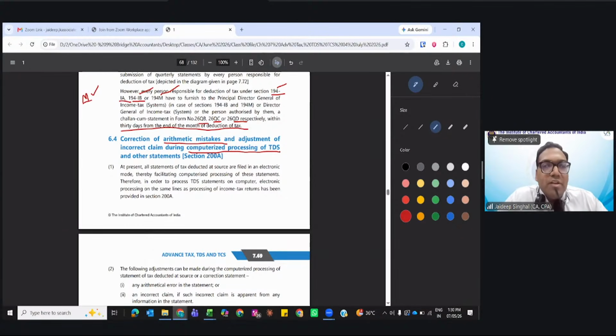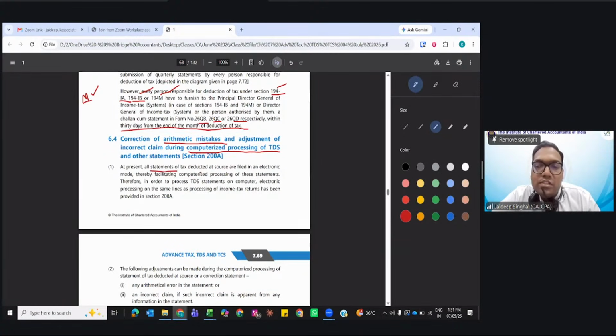The rate is 10%, but you have applied 7%. Will the system flag an issue? Right. The system will flag an issue and they will create the balance 3% demand.